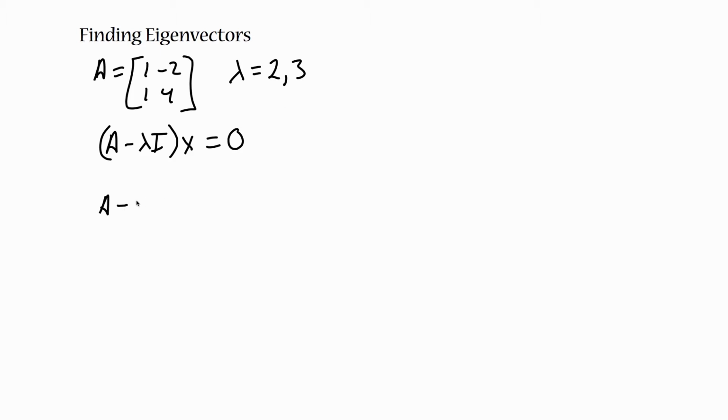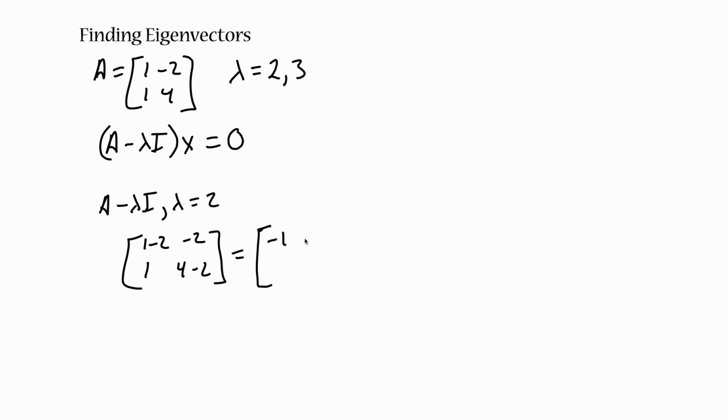So A minus lambda I, when lambda is equal to 2, gives us 1 minus 2, 1, and 4 minus 2. So that gives us minus 1, minus 2, 1, and 2.